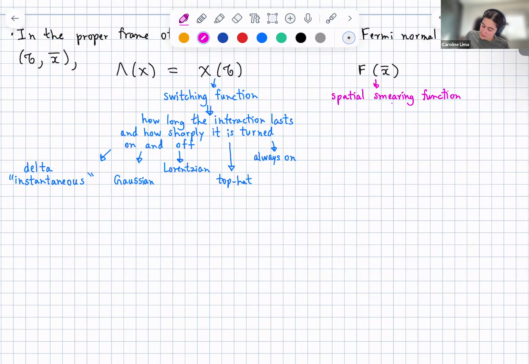What it tells me is basically the shape of the detector. So for instance, it could be a box, it could be a sphere, and it could also be point-like, which is the delta in space, right?